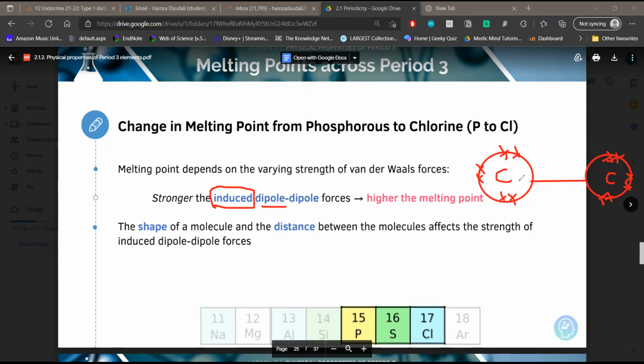So at any given moment, more electrons could be on one side of the atom compared to the other, right? These electrons are spinning around. More electrons could be on one side compared to the other. So more electrons could be on this side.